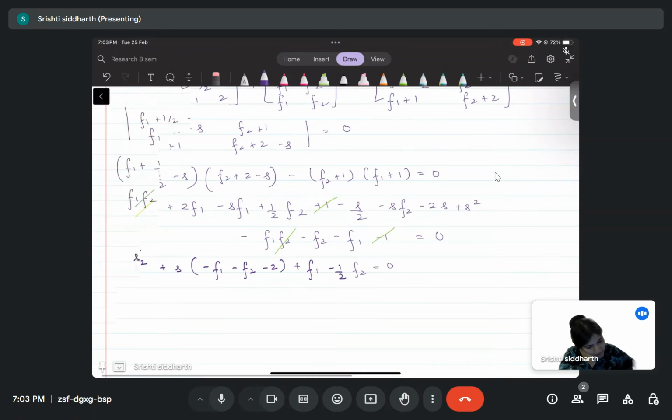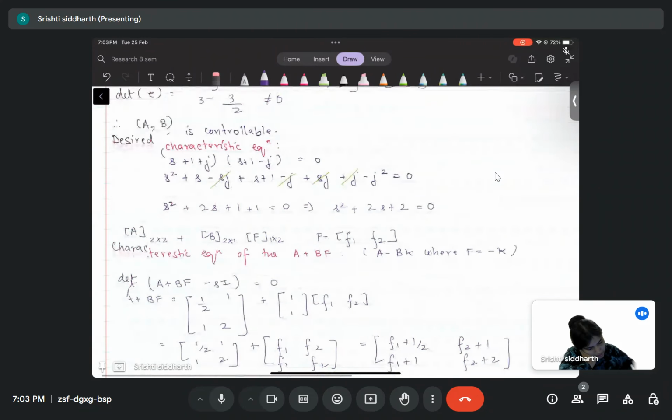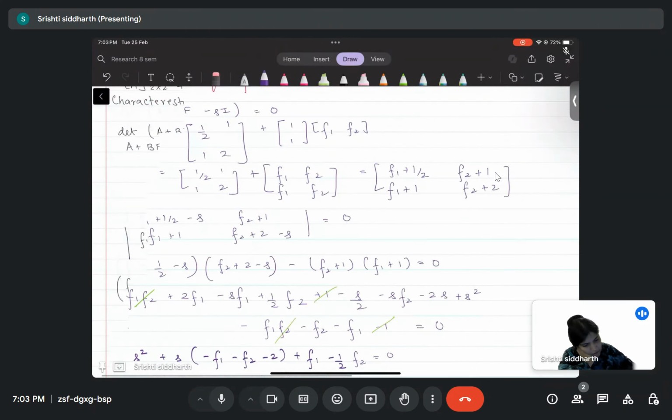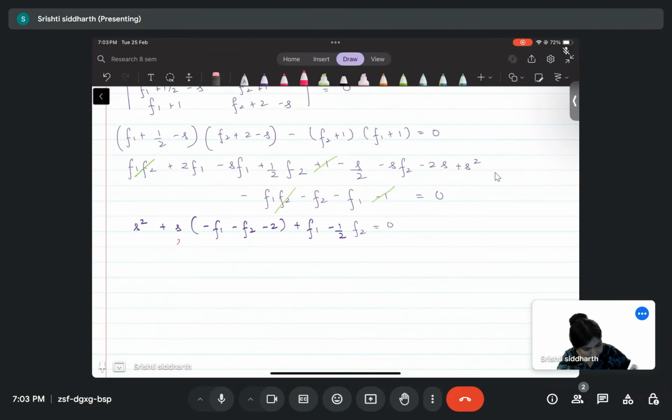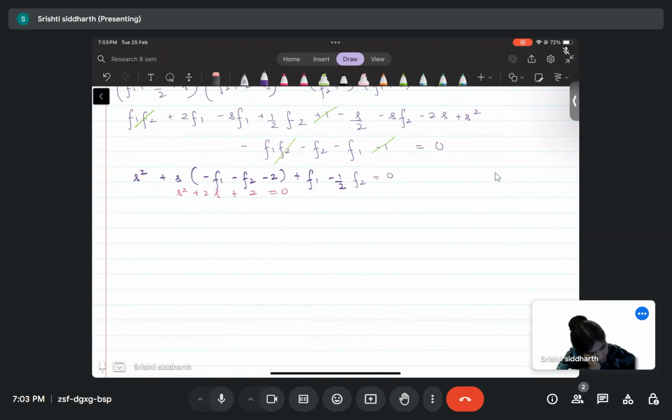We can compare this with the desired characteristic equation, s squared plus 2s plus 2 equals 0. We have a system of two equations in two unknowns, where we have minus f1 minus f2 minus 2 equals 2, which implies that f1 plus f2 equals minus 4, and then we have f1 minus half f2 equals 2, or 2f1 minus f2 equals 4.